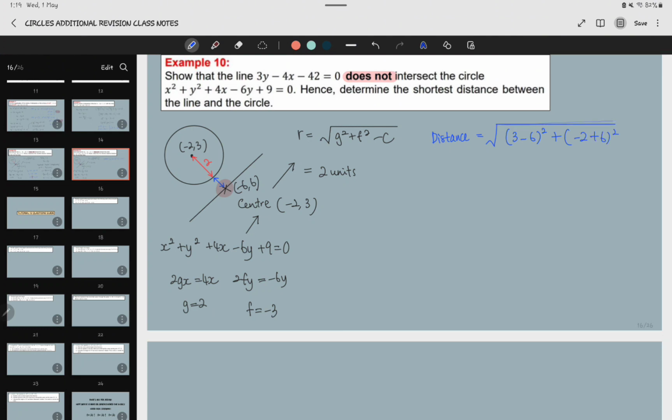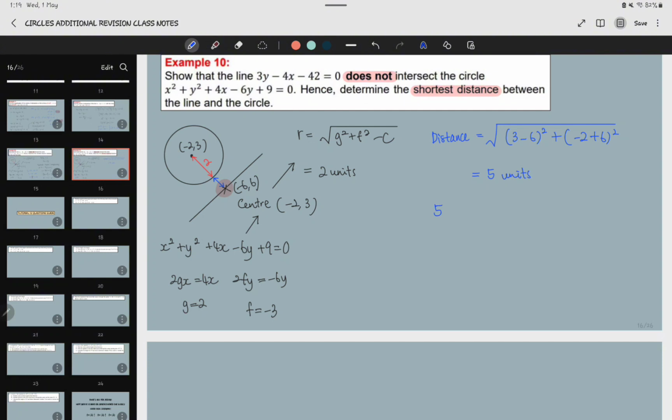So then you get your answer: 3 minus 6 squared plus negative 2 plus 6 squared. Square root, answer get 5 units. But is this what the question wants? They want the shortest distance between the line and the circle, which I mentioned just now is the blue color arrow.